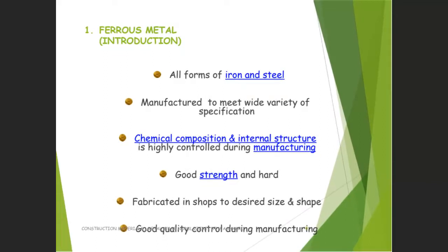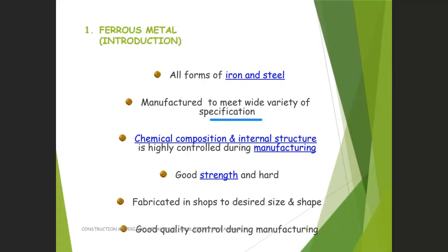In terms of production, this ferrous metal is manufactured to meet a wide variety of specifications, in terms of the product, the design, and the loading or load that is required to be received by the elements or by the design itself, to meet the specific requirement as shown in a building, for example. The chemical composition and internal structure are normally controlled during the manufacturing process.